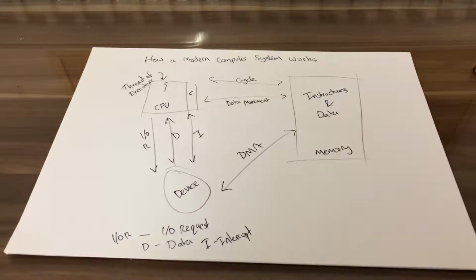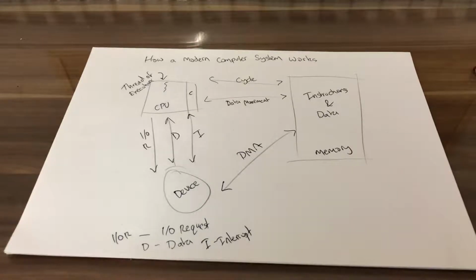Each device controller is in charge of a specific type of device. Depending on the controller, more than one device may be attached. For instance, 7 or more devices can be attached to SCSI, which is Small Computer Systems Interface.